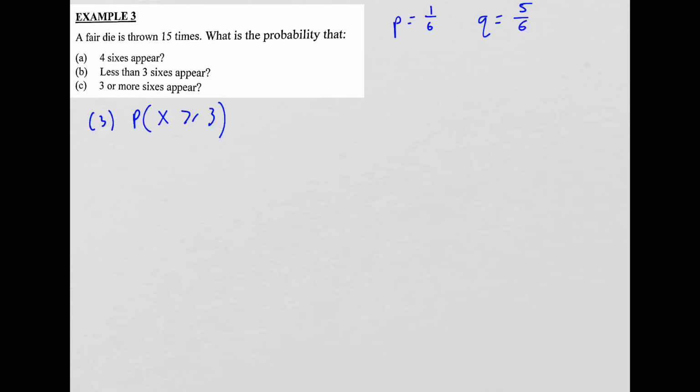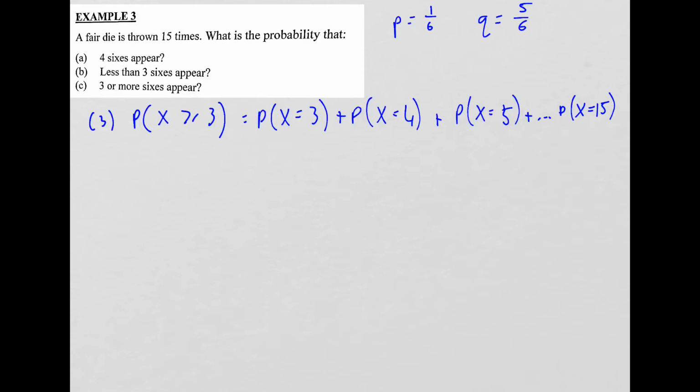So if we expand that based on the formula you learned previously, that means it's the probability that x equals 3, because 3 is included, plus the probability that x equals 4, plus the probability that x equals 5, all the way to the probability that x equals 15. Okay, all inclusive. Obviously you don't want to add up all the way to the probability of your random variable equaling 15, so we're going to look at it in a different way.